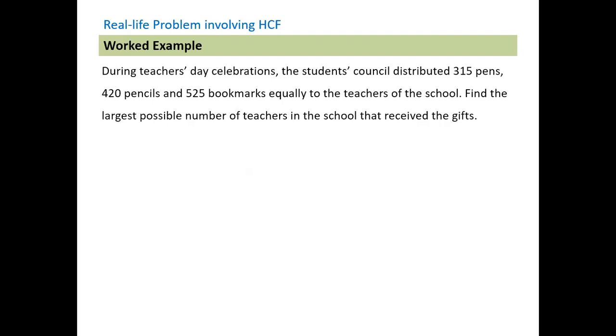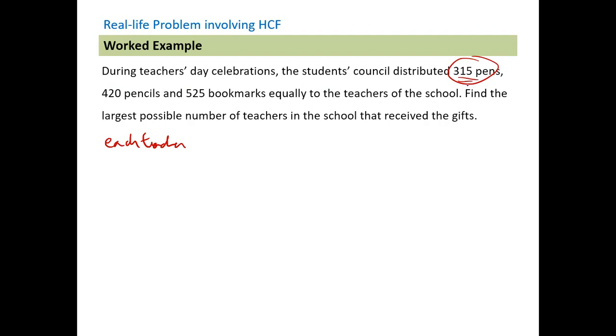So you have to think, we have 3 types of items, right? The Students' Council distributed 315 pens. We have pens, pencils, and also bookmarks. Those 3 different numbers of stationery you need to distribute to teachers equally. So each teacher gets how many pens?